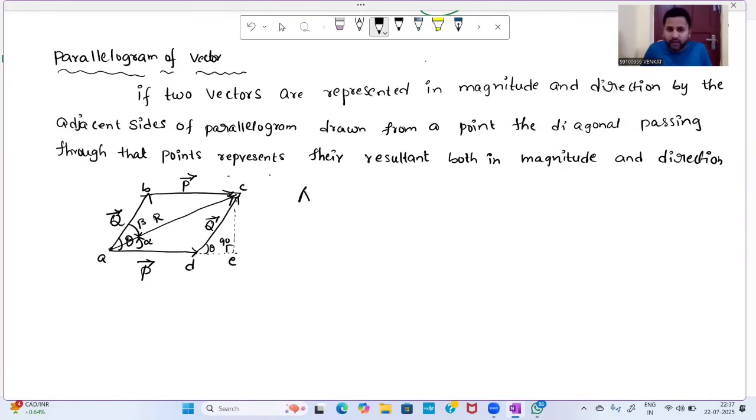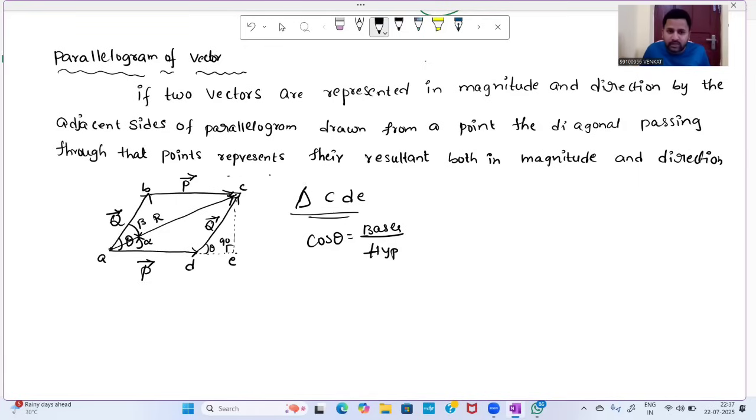Now from triangle CDE, we can write the trigonometric ratios. Cos theta equals base by hypotenuse. What is the base here? The angle at D is theta.